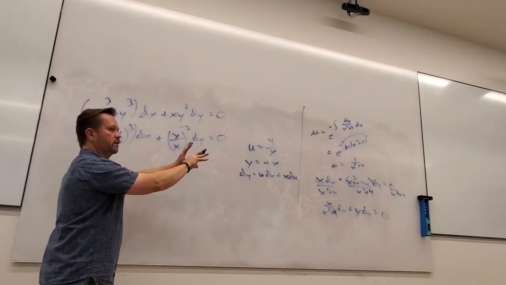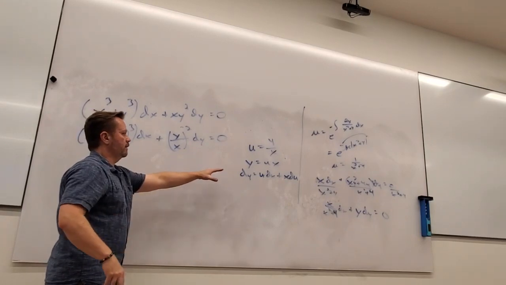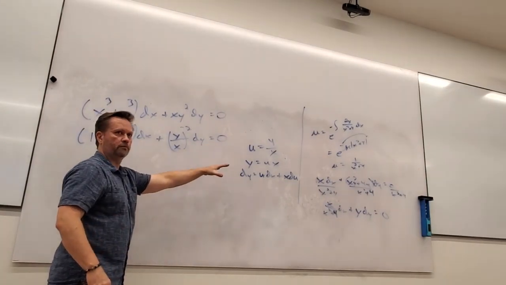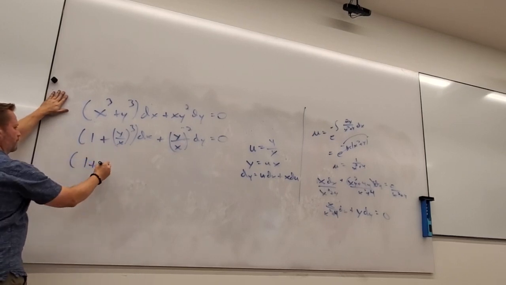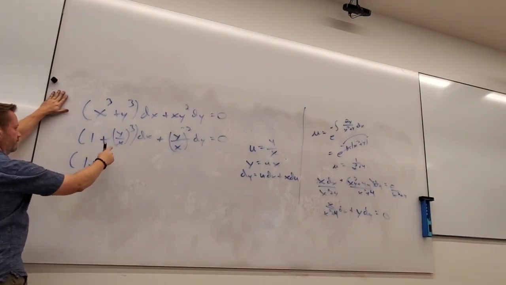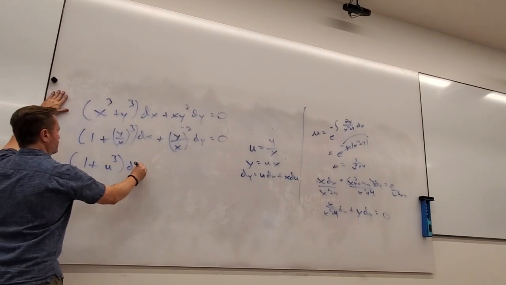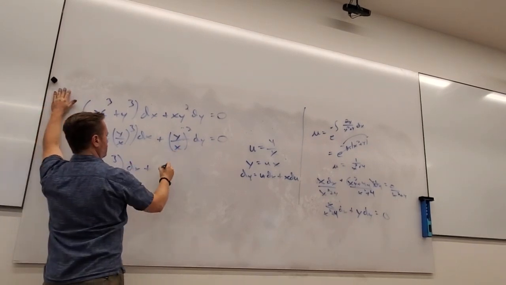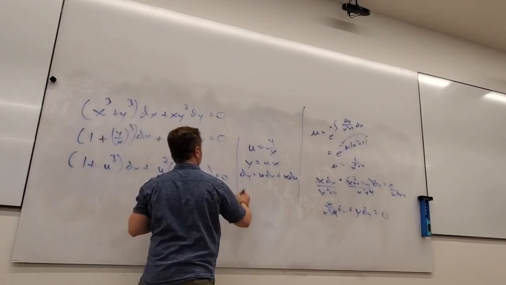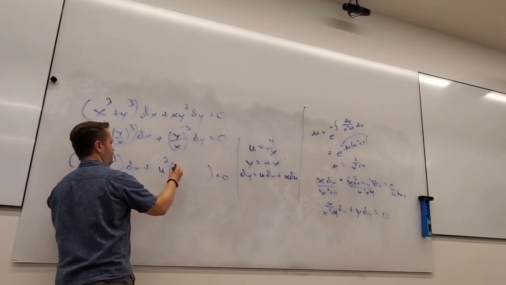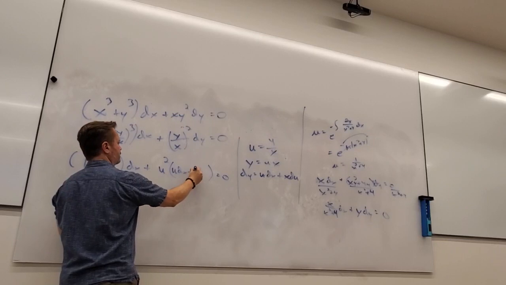So let's see what happens. This feels gross, but the light at the end of the tunnel is it's going to become separable, right? So let's plug it in. So this will be 1 plus u cubed dx plus u squared times dy, which is u dx plus x du.